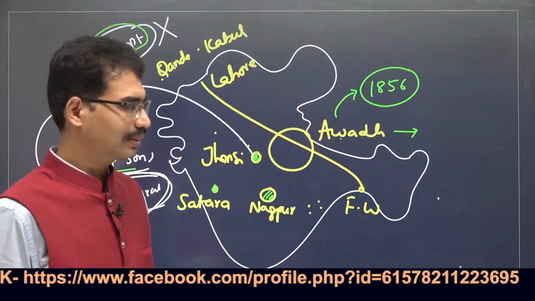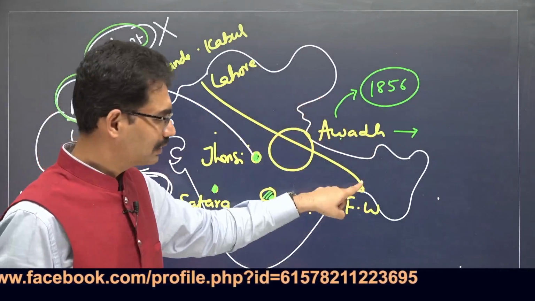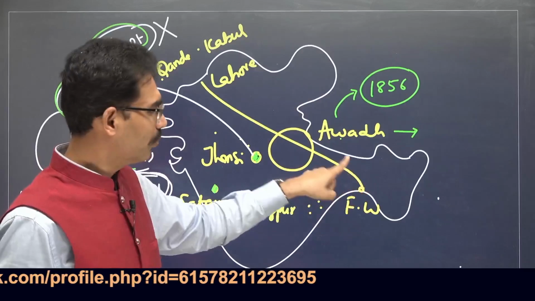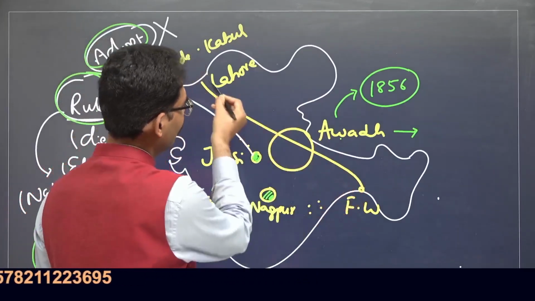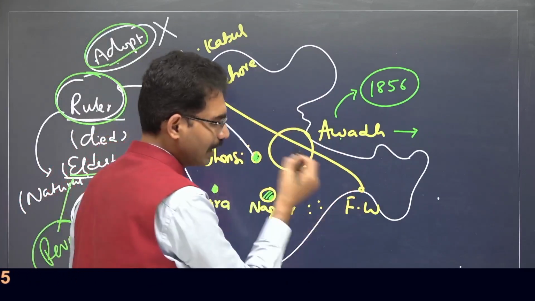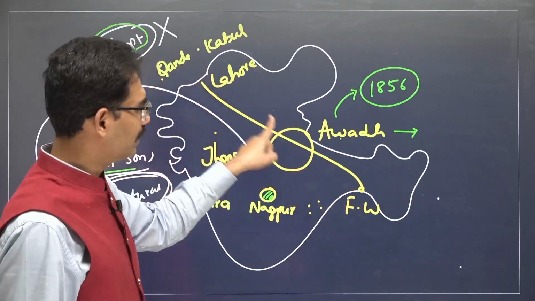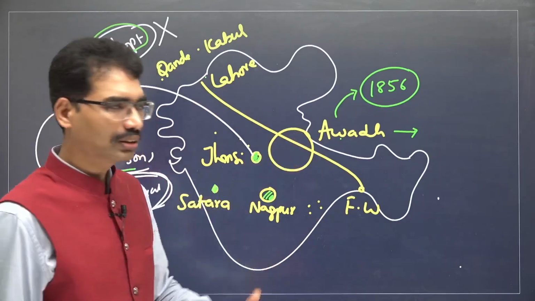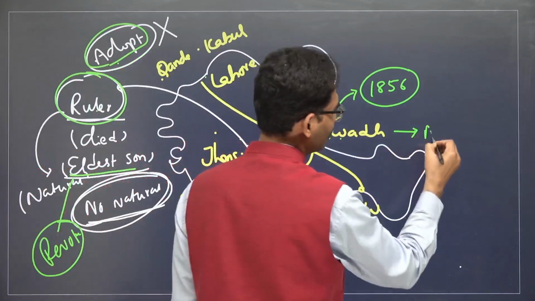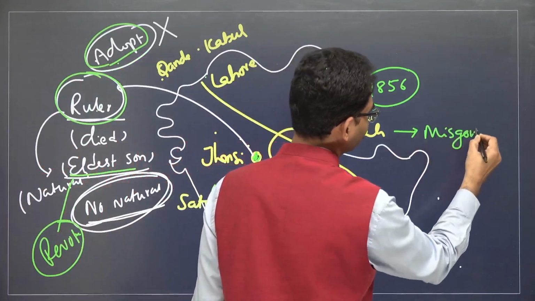The issue will not come here. Still, despite that, Dalhousie wanted to conquer this territory so that he can continuously control from the northwestern frontier to the capital seamlessly without taking any kind of permission from the Indian rulers. That's why he brought a new kind of mechanism that is called misgovernance.